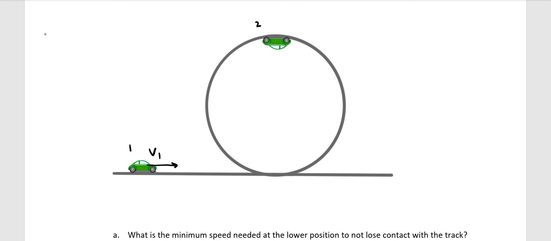Now, what you want to do is start with a free body diagram of the car at that location. It should only have two forces on it. This car is just sitting on the track. It's not connected in any way, shape, or form. That should tell you something about the normal force direction on that car. It really can only be one way.